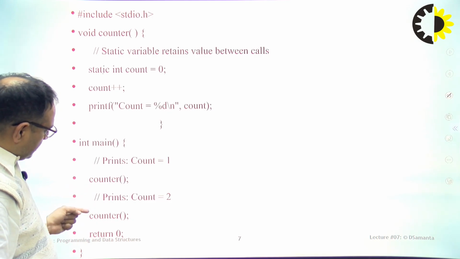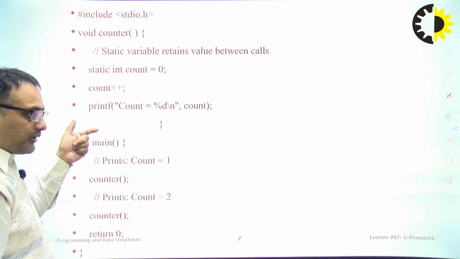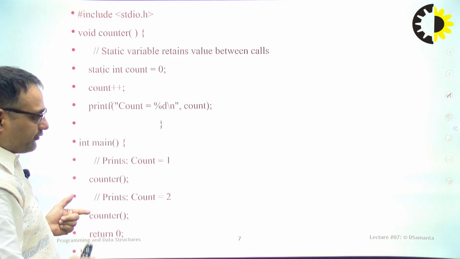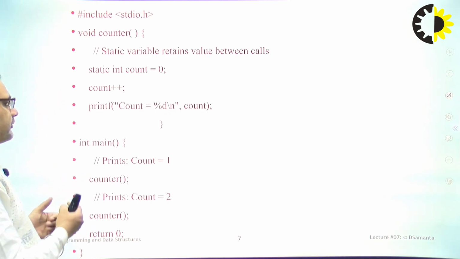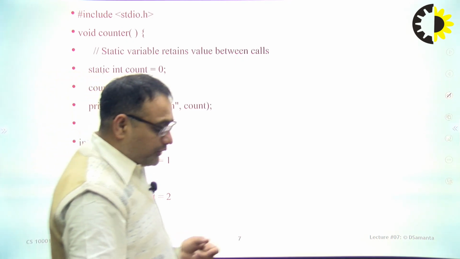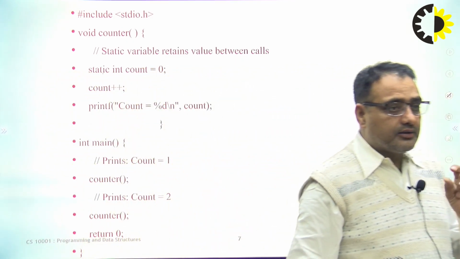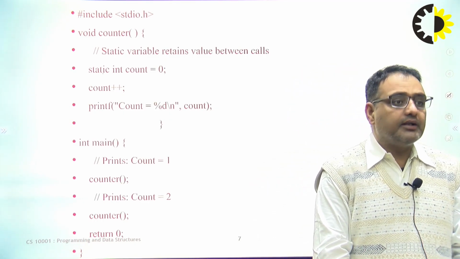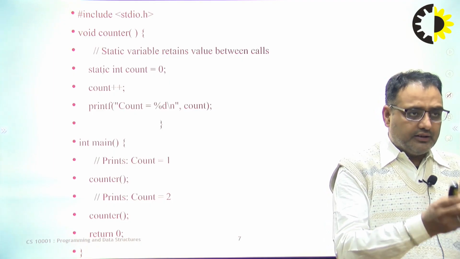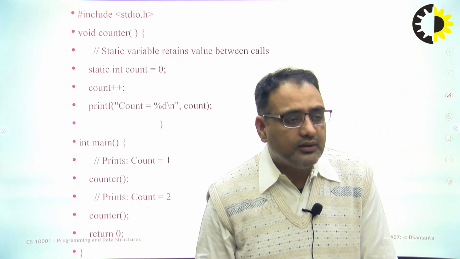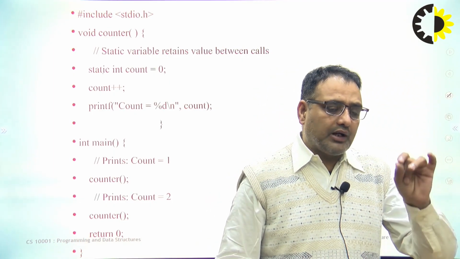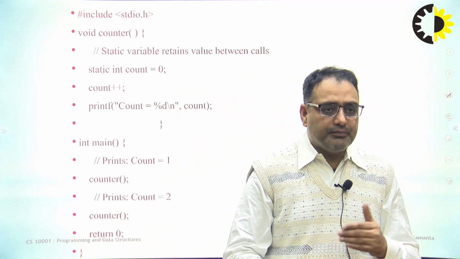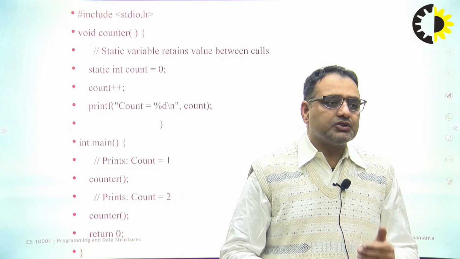The second time when the counter function executes, the value of count will be 2. If the counter function is executed again, count will be 3. So you can understand that the value of the static integer variable, here count, that is 1, 2, 3, will be preserved and maintained between function calls.